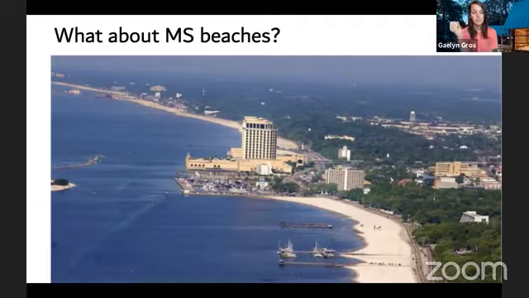Well, there's a couple of different reasons. For one, we need to dredge in order to get big ships to come into our ports. The port of Gulfport is a very, very essential port to the whole country. Pretty much every banana in the country comes through the port of Gulfport.